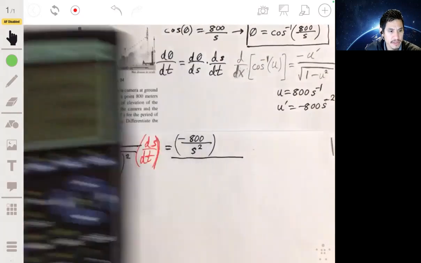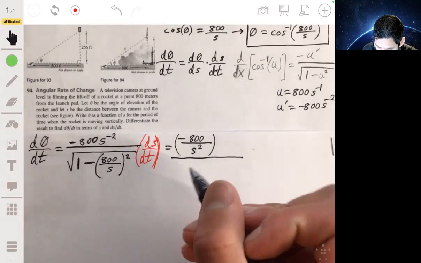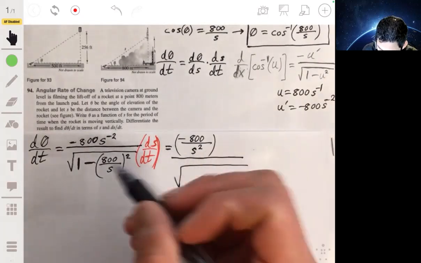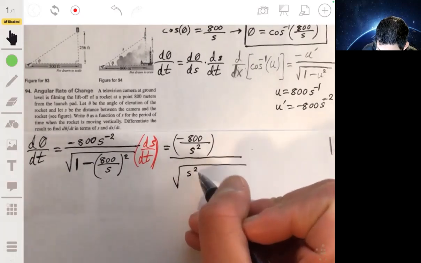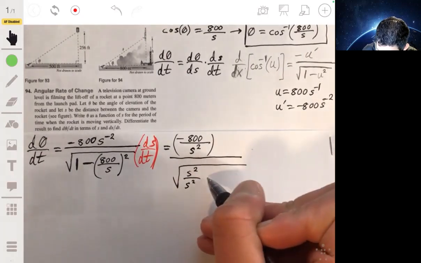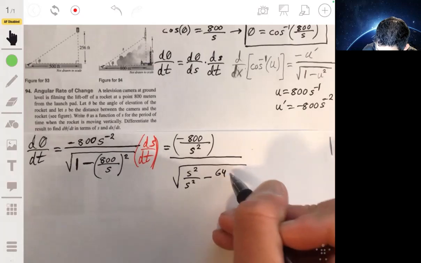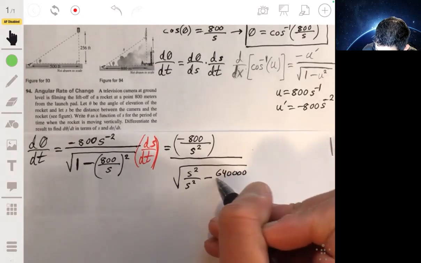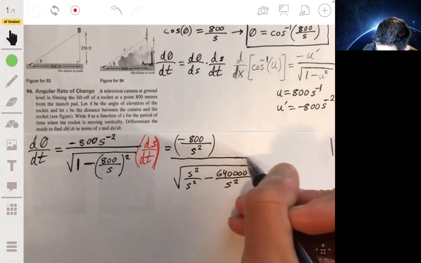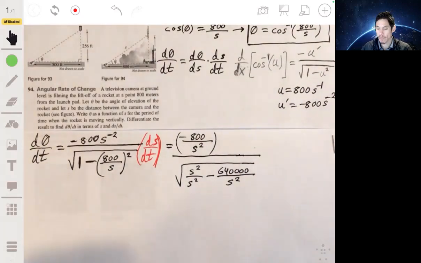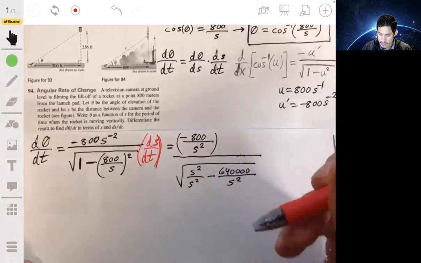Yeah, 640,000. And since this is going to be s squared, I'm going to make the 1 into s squared over s squared. So minus 640,000 over s squared, times ds dt.